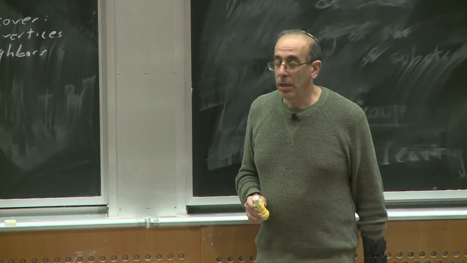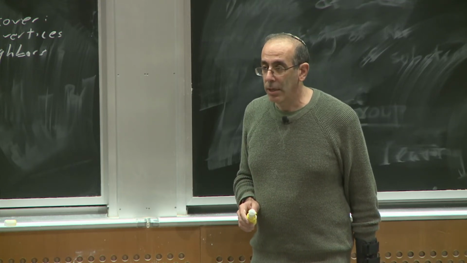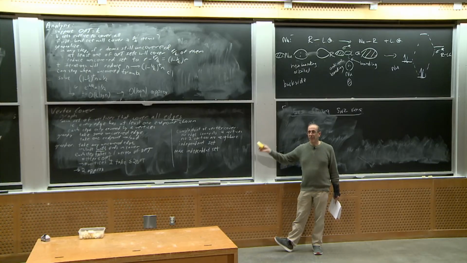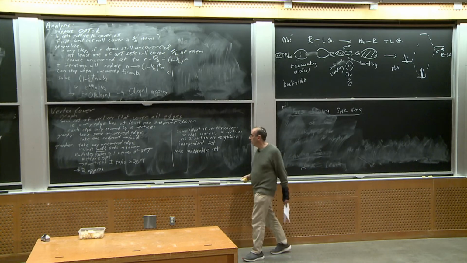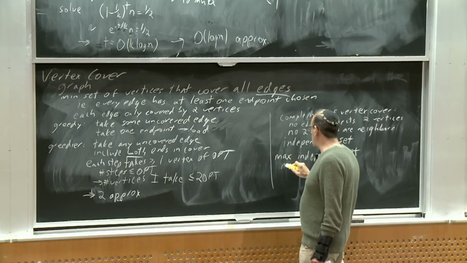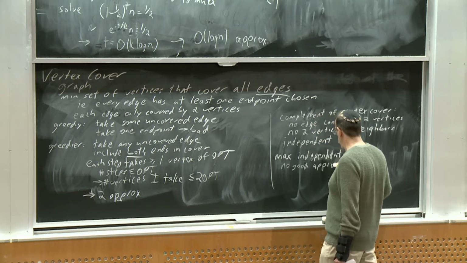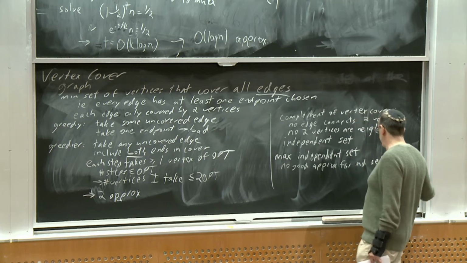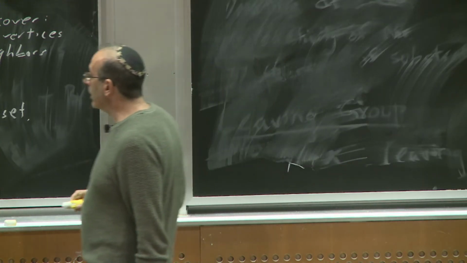Okay? And an interesting feature of approximation algorithms is that approximation factors don't carry over. So we have a 2 approximation for vertex cover. There is, in fact, no good approximation for independent set. It's really, really bad, actually.